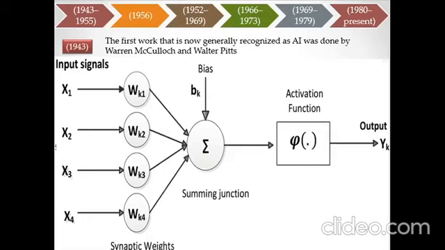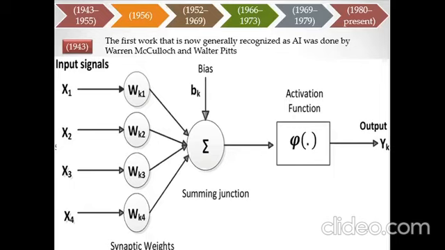In the human brain, different electrochemical contact organs are present, and based on that, a chemical is generated, and based on that chemical, the human reacts. The same thing is implemented artificially. If we see this diagram, the input signals are nothing but the dendrites. X1, X2, X3, X4 are the inputs.